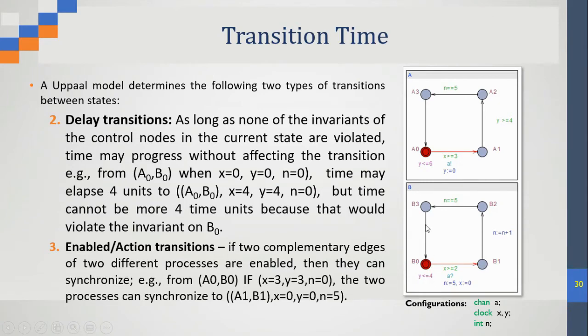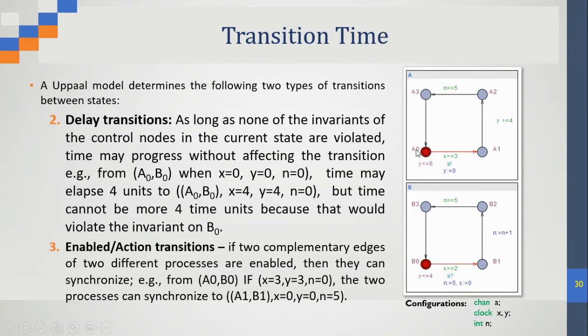For example, here we have 4 and 6. You can stay 1 unit, 2 units, 3, until 6. Here we can stay 1 or 2 until 4. Since 6 is greater than 4, we will take the 4.